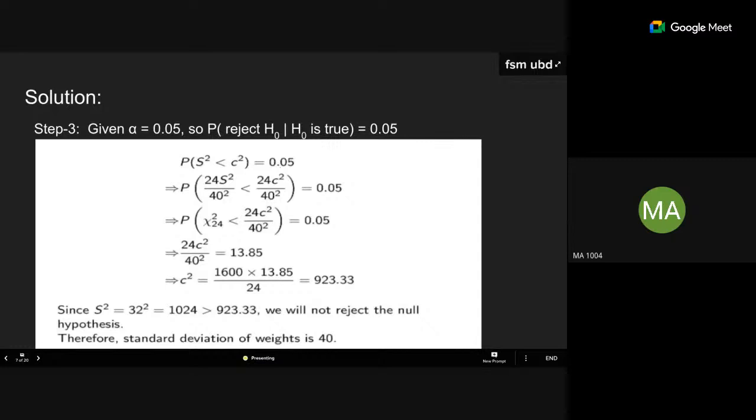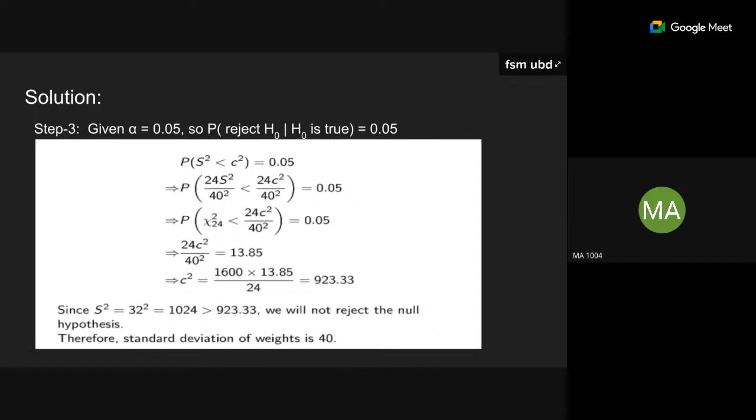So p value is nothing but the least significance level at which you will reject the null. That's it. So it is also a significance level. But if, in place of the critical value, I use the test statistic value, then the corresponding significance level will be equal to the p value.